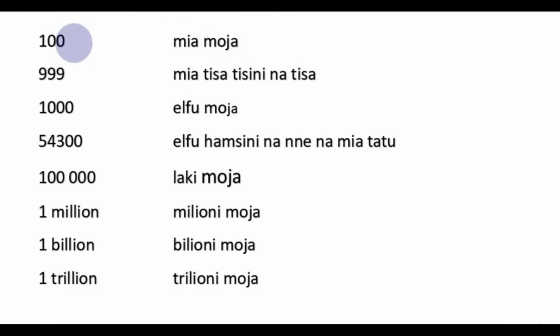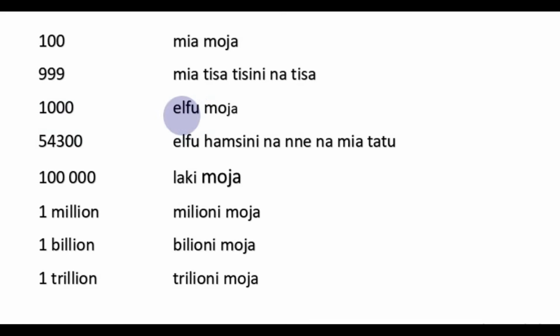So 200 as well is mia mbili. 300 mia tatu. 400 mia nne, and so forth. 999, remember, we simply add the hundreds, the tens, and the units. So we are adding 900 plus 90 plus 9. It gives us mia tisa tisini na tisa.